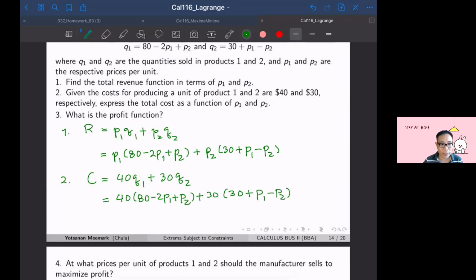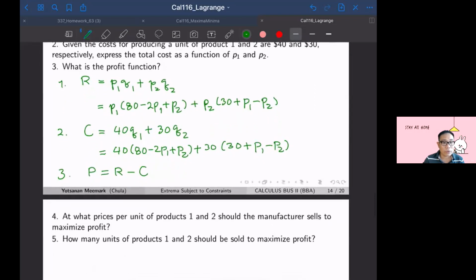Okay, so that's my cost function. And the last one is the profit function. The profit function turns out to be just the revenue subtracted by the cost function. Okay, so that will be my profit function.